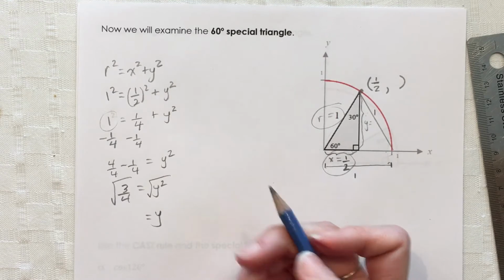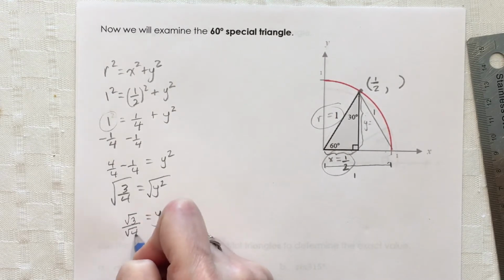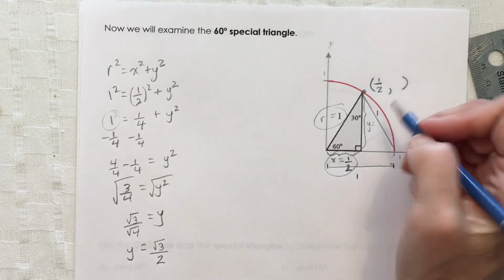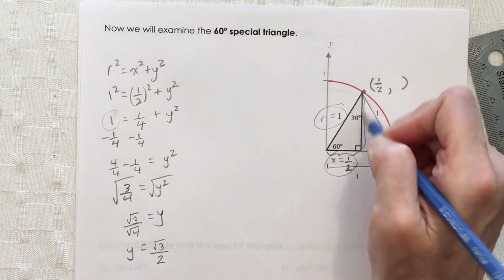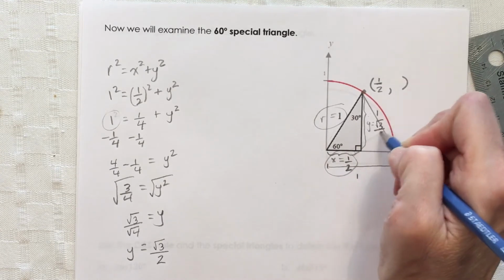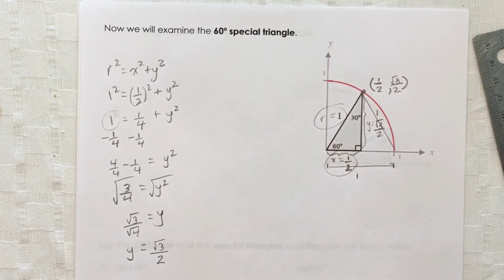So again, we can do this idea of square root of 3 over square root of 4. So we would get that our y value, square root of 3 is not a nice number, so we're going to leave it, but square root of 4 is 2. So that means this y value, so this distance here would be the square root of 3 divided by 2.